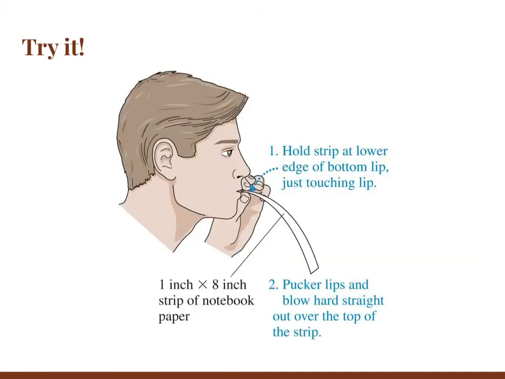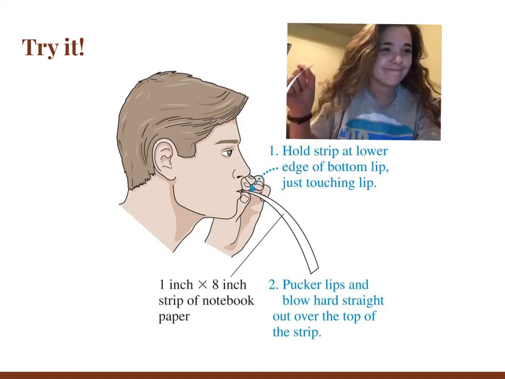What you'll need is a strip of paper. It doesn't have to be 1 by 8 inches necessarily. It should be kind of longer. Actually, I guess we could make a really long one to see how good your lung capacity is. But what you do is you take the strip of paper and you put the edge of it right on the bottom of your lip, of your bottom lip, and you blow really hard.